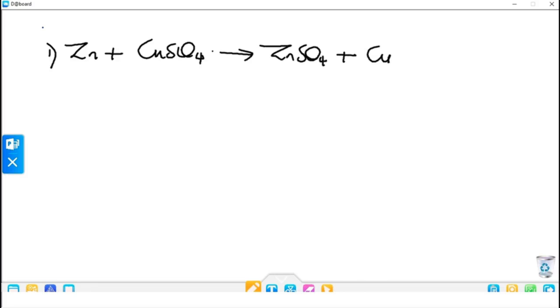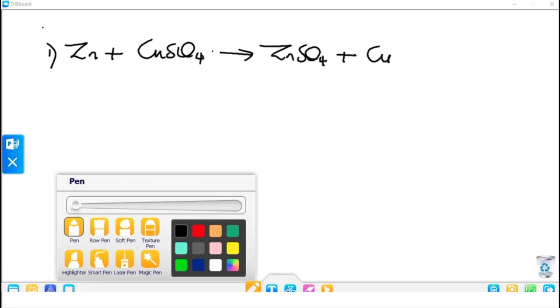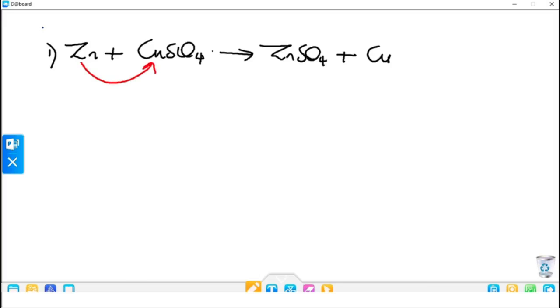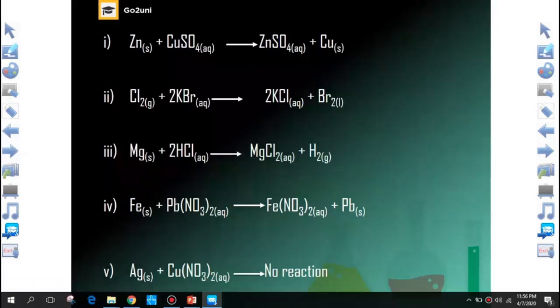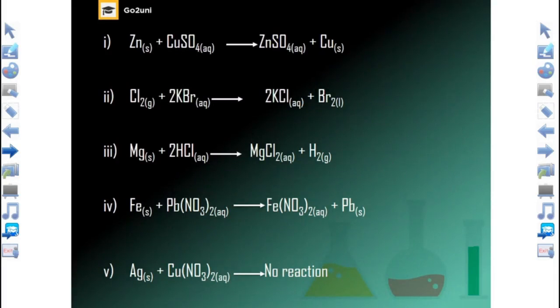So this simply tells us that zinc has displaced copper and taken the position of copper. So it is no longer copper 2 sulfate but zinc sulfate, and copper is displaced out of that salt solution. So this is an example of what we refer to as a displacement reaction.